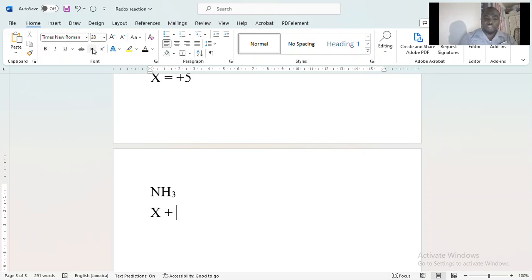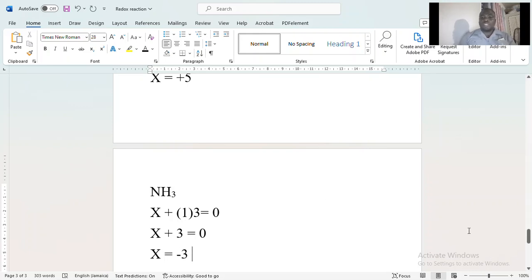Hydrogen is plus 1, right? And we have 3 of them. And we said this is a neutral compound, so it should be equal to 0. So 3 times that, equal 0. And to fast track, when we carry across, and when we do to both sides, we end up with x being -3.